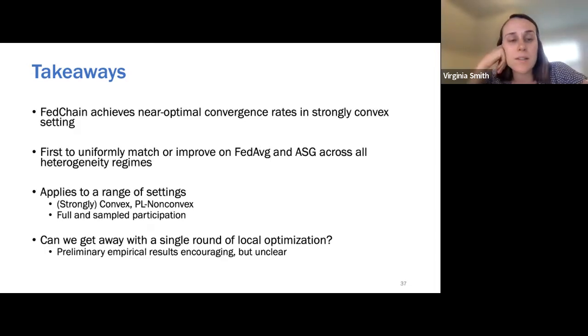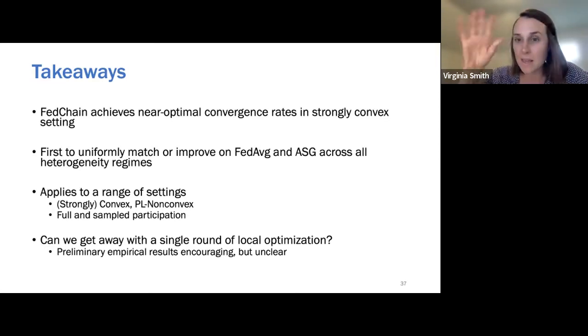I have one quick question, maybe while we're waiting. It seems like there's an interesting connection between the level of heterogeneity and when you should think about switching from the local approach to the global approach. But the results also depended on the problem you were solving. For the non-convex objective, the MNIST results, it seemed like that also affected the switching point.